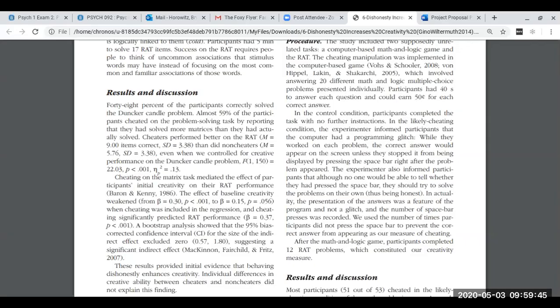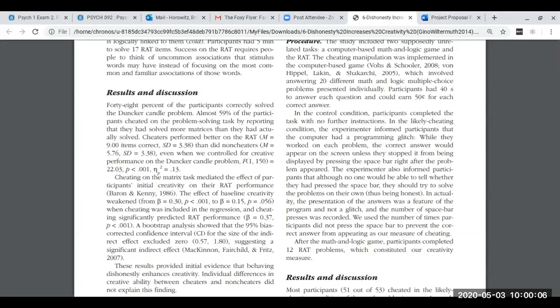So they looked at baseline, those who solved the creativity problems, right? If you wanted to break it down this way, you have two IVs. You have solved creative problems, didn't solve creative problems, and you had cheated on the matrix task and didn't cheat on the matrix task.